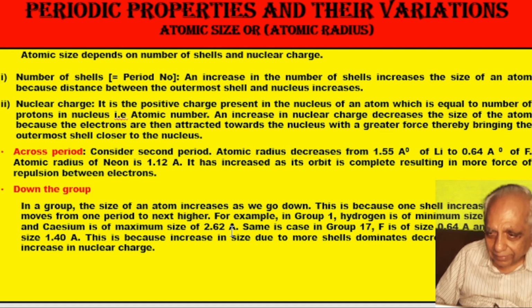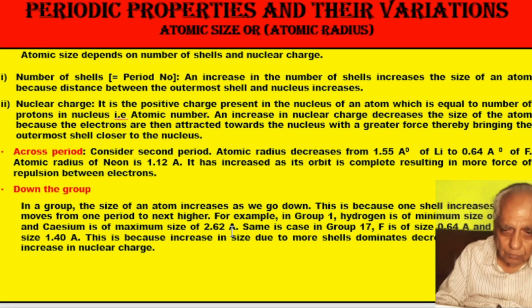So the size has increased from 0.64 to 1.4, more than double. So the dominating factor is the number of shells. Had the charge not been there, the size would have been much more. Okay, so now we will continue further.